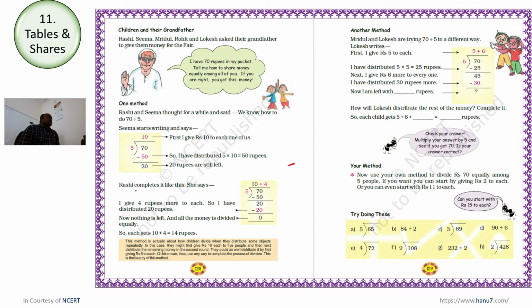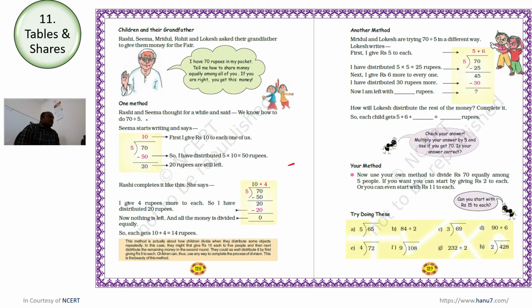Rashmi, Seema, Mrudal, Rohit and Lokesh asked their grandfather to give them money for the fare. Grandfather is telling that I have 70 rupees in my pocket. If you tell me how to share this money equally among yourselves, then I will give you. That is what he said.